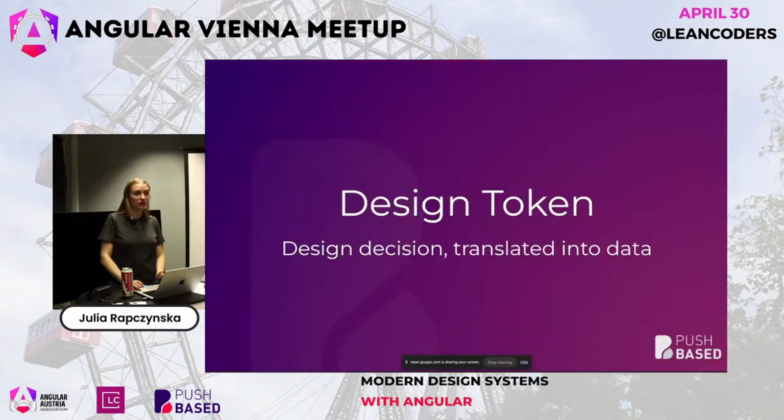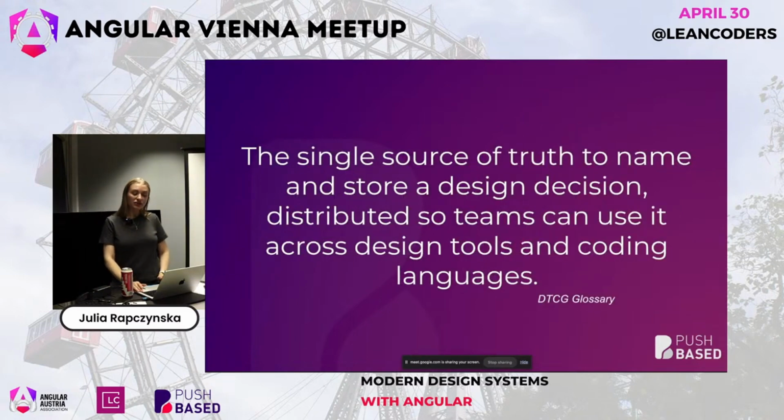When it comes to the design system, we can use the design token, which acts as a single source of truth. When it comes to design versus development, it acts as a communication tool.